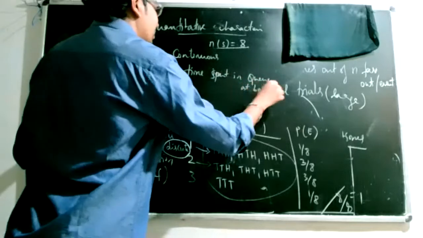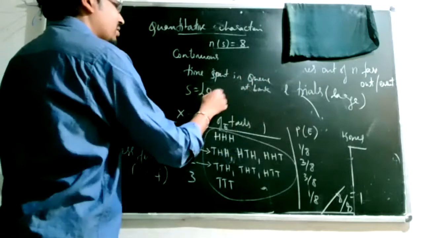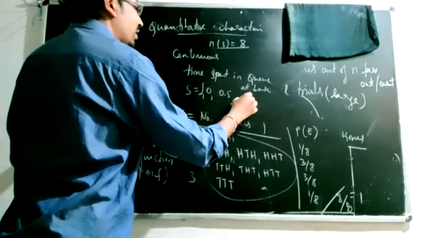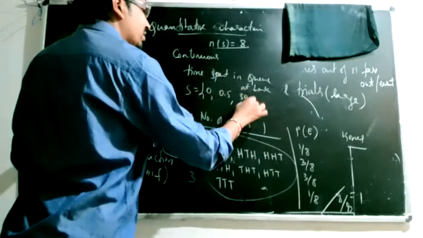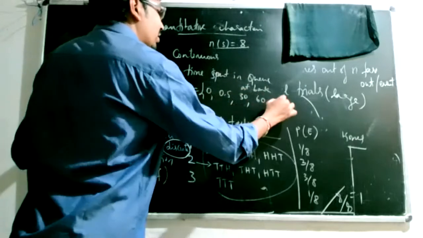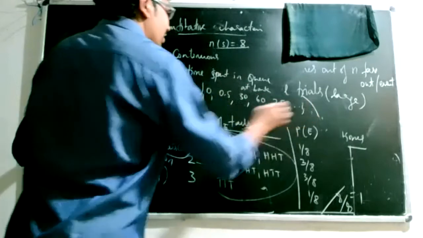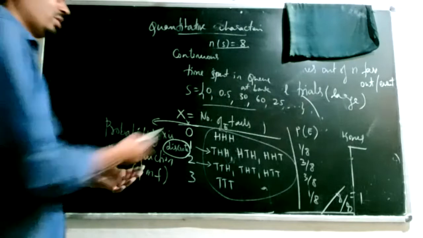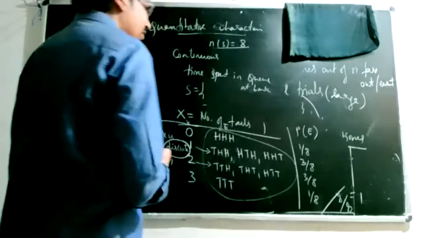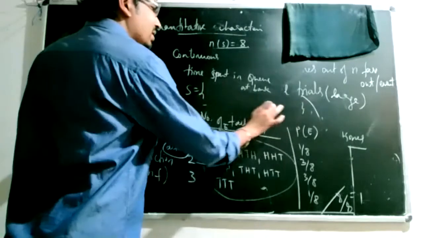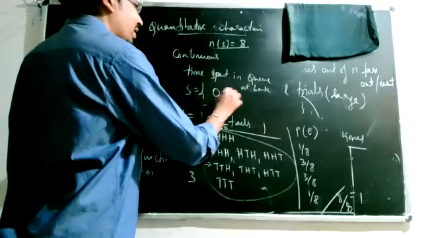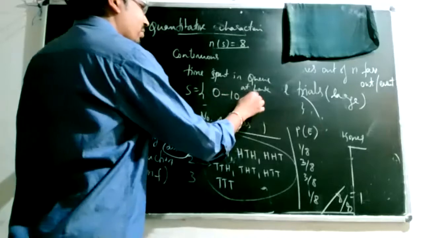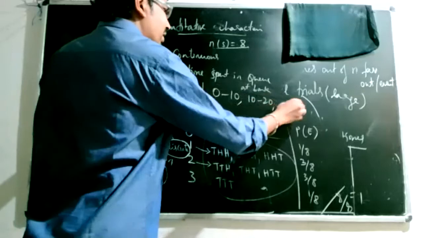You could spend 0 minutes, 0.5 minutes, 30 minutes, 60 minutes, or 25 minutes. So it totally becomes a continuous concept, and writing each and every possibility may be difficult. So you could say you spent 0 to 10 minutes, or 10 to 20 minutes, and so on.